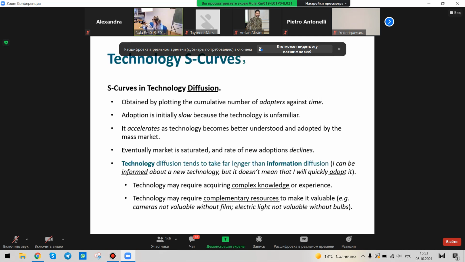Why is technology diffusion generally lower than information diffusion? Because of course we might be aware of a variety of new technologies, but this doesn't mean that we will accept them, because a new technology requires new knowledge to be used. And maybe not everyone is willing to acquire this new knowledge, or at least not everyone at the same time.